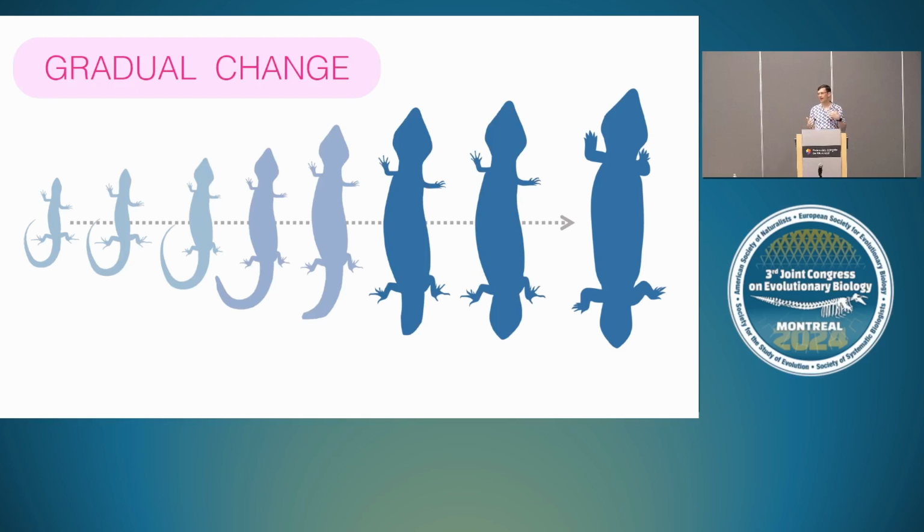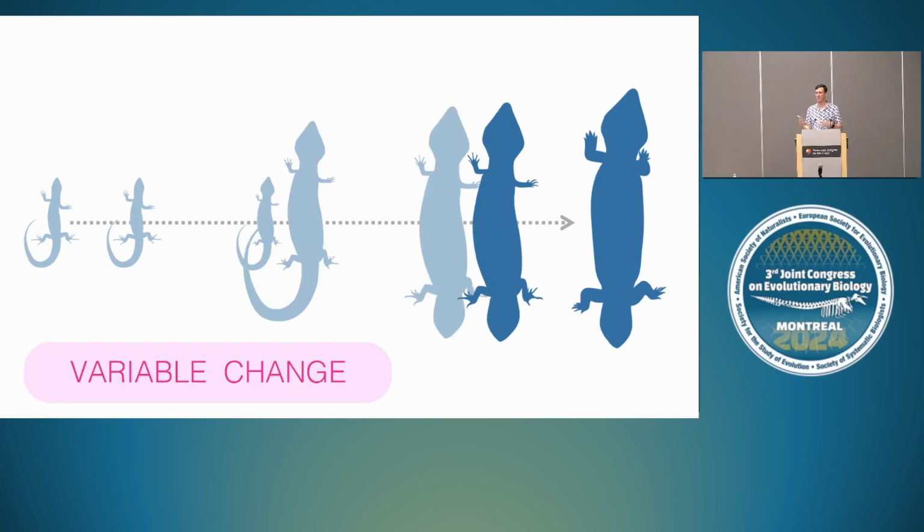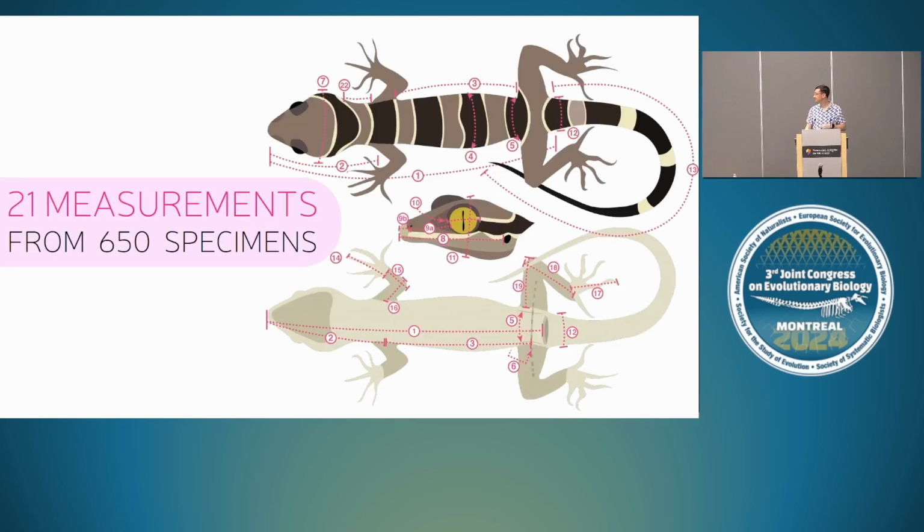Traditional evolutionary models like Brownian motion will say that we're exhibiting a gradual change through time. But I'm going to put forward some alternative models that apportion the evolutionary change into a heterogeneous process. So we have fits and starts in morphological evolution.